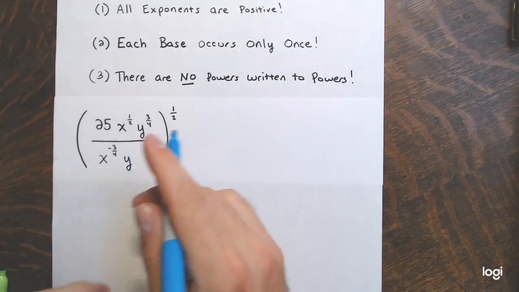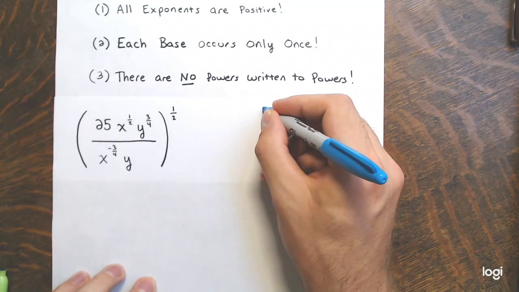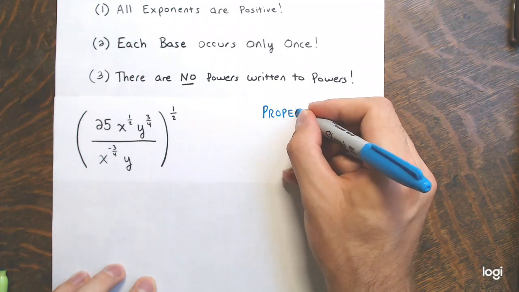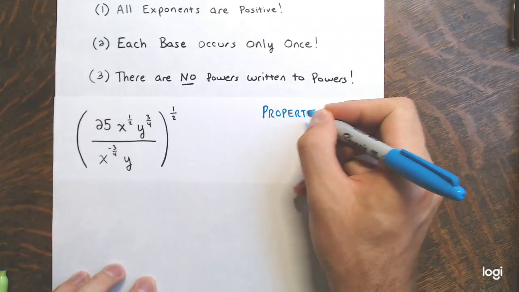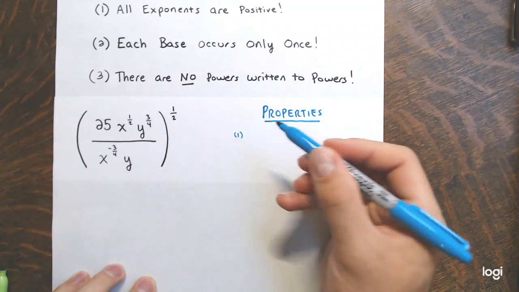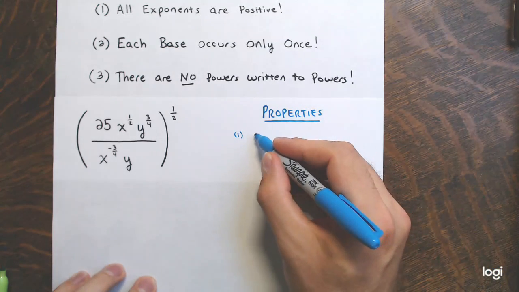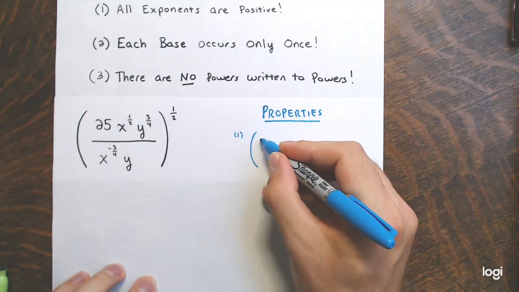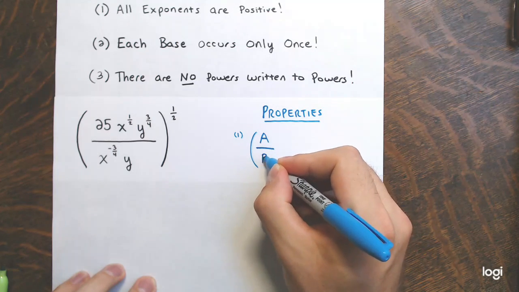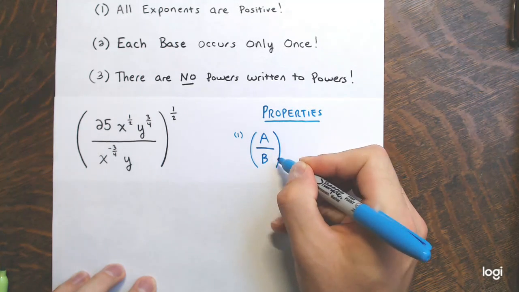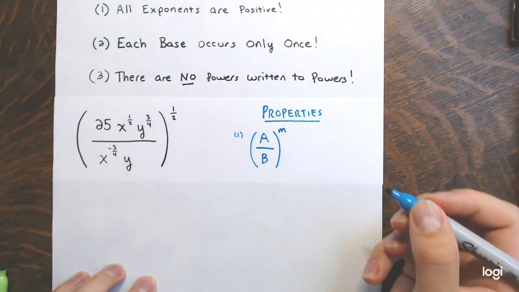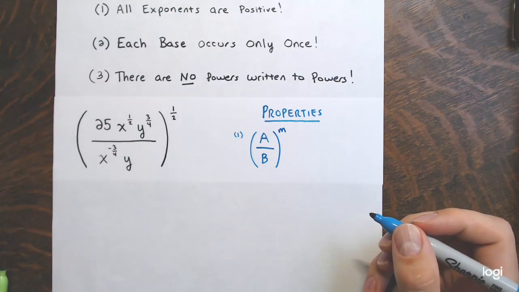So before I get to this, let's just put up the last properties that we haven't seen yet. I got two of them here for you. One is if you take a fraction, so if I have some number a divided by some number b, and raise that to a power, say the mth power or the nth power, whatever.